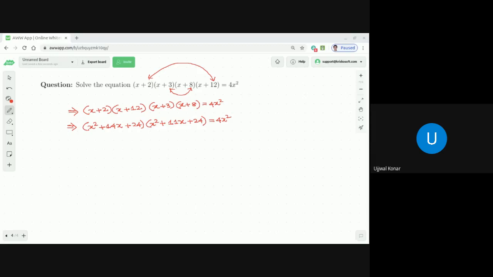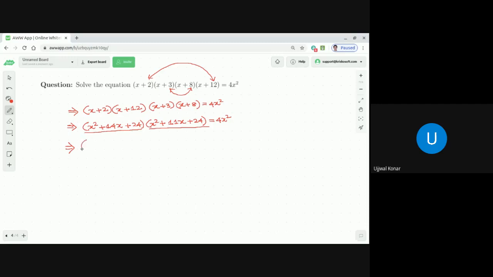Correct? So what you will do? You can divide both sides by x square. Out of this x square, one x will be divided here and one x will be divided here, and on the right hand side we are left with 4.